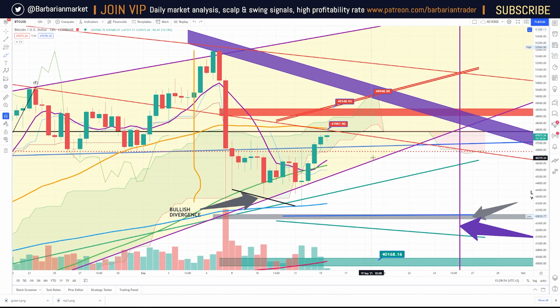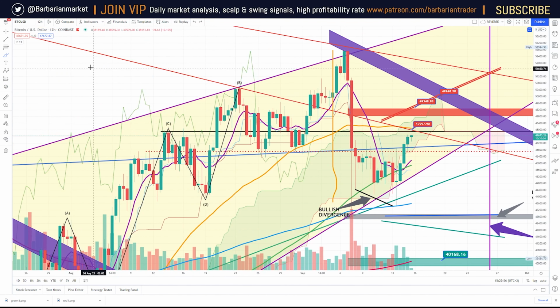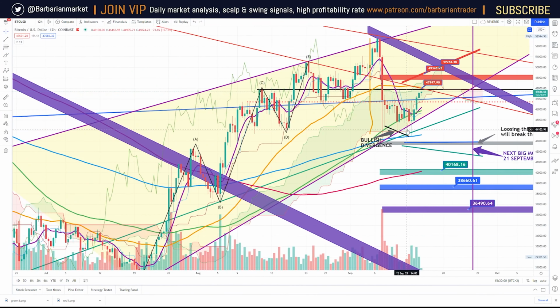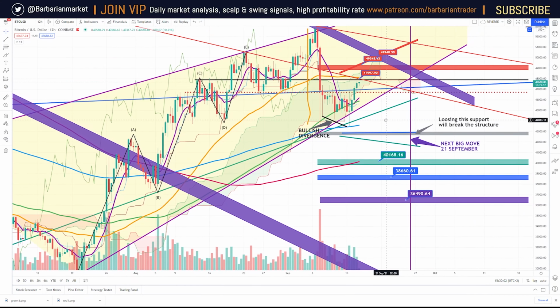Because if you look, practically we have like the first test. If you think about it, we just created, right? So usually they like to come and test this as a support, okay, if they will really go up, probably they'll test this as support, and then they'll move up.